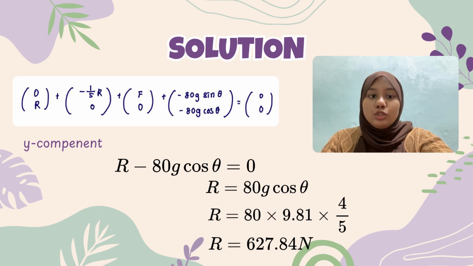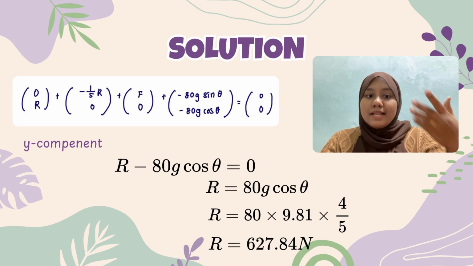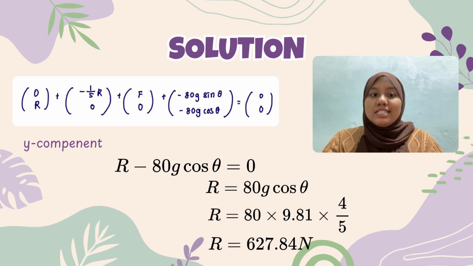Now we substitute the known values. The mass is 80 kg, g is 9.81 meters per second squared, and from the equation, the angle cosine is 4/5. After multiplying everything, we get the value of the normal reaction force, which is R equals 627.84 Newton. So the upward force from the surface acting on the object is 627.84 Newton.